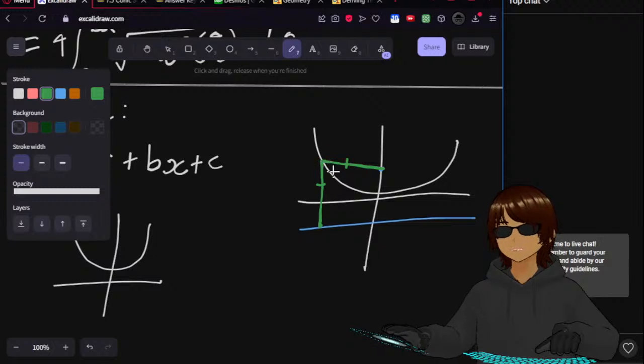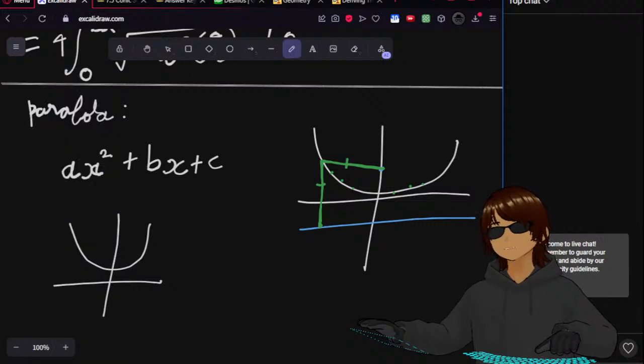So the loci of all of these points will form a parabola. So you choose a focus, you choose a directrix, and the locus of all the equidistant points is called a parabola.